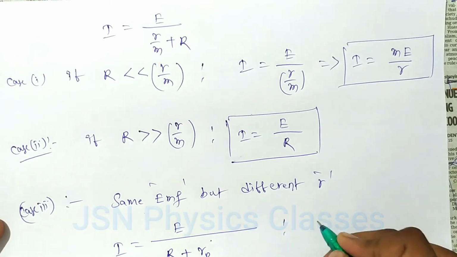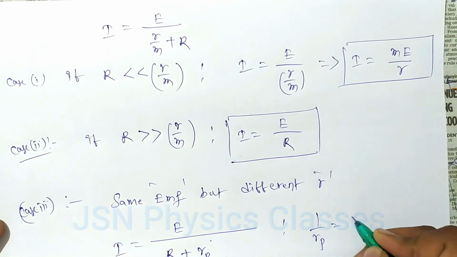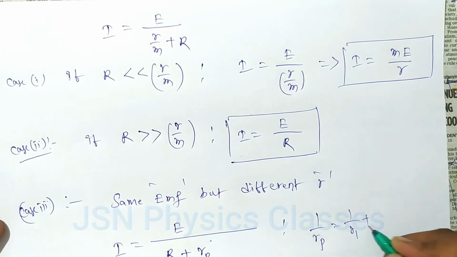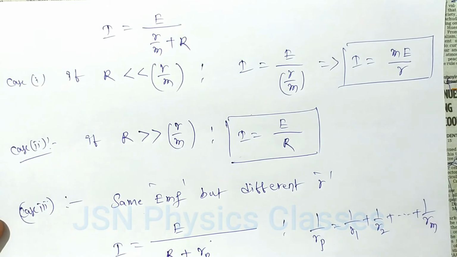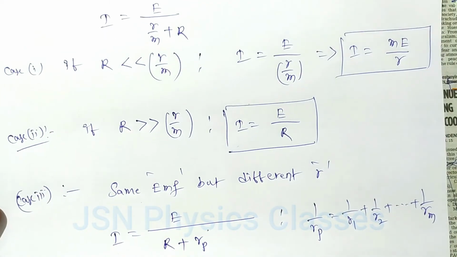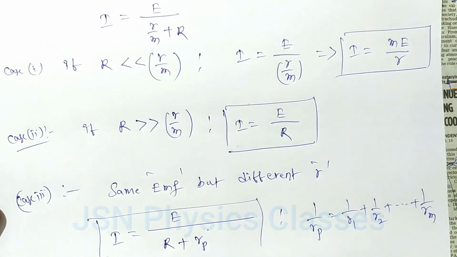So here 1 by RP is equal to 1 by R1 plus 1 by R2 and so on up to 1 by Rm. Now this is the current passing through the circuit when all cells are in parallel combination.